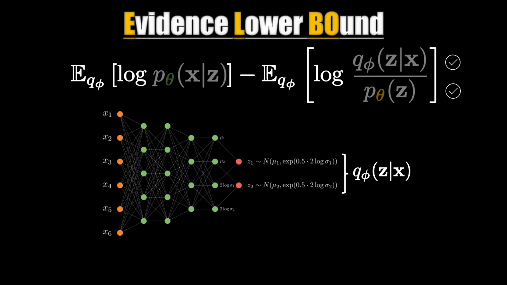We thought that we had almost nailed everything, but we still do not have access to one term that goes into our loss function. By the way, this network, we are going to give it a name. We call this network that predicts the distribution of our latent variable Z the encoder network.